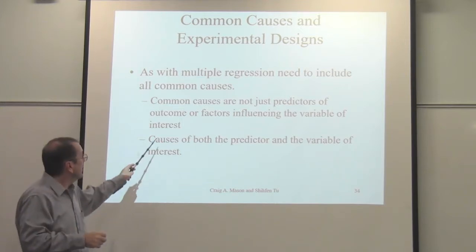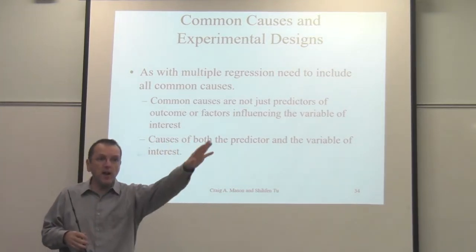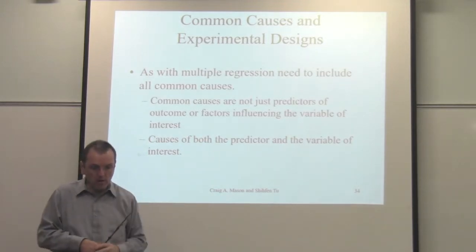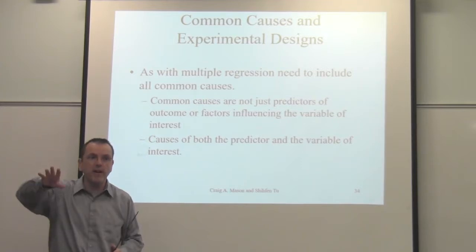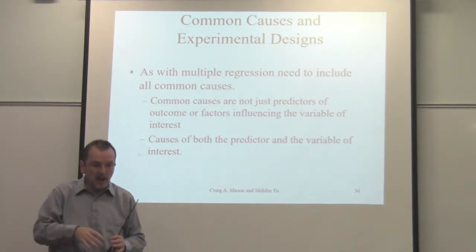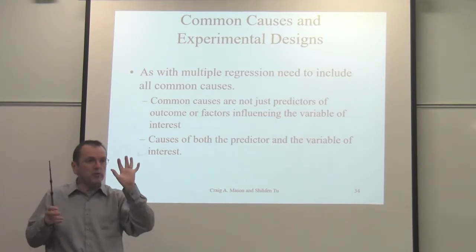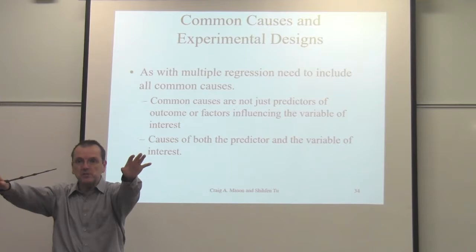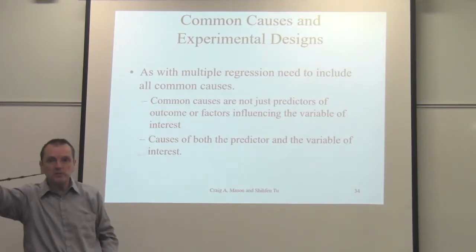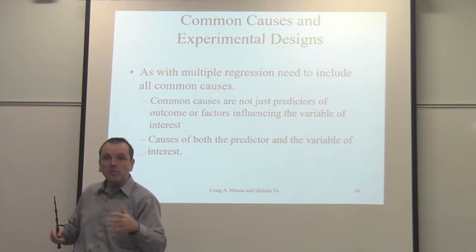One is that common causes are not just predictors of the outcome, or factors influencing your variable of interest. Common causes influence both the outcome and the variable of interest. If something's only influencing one or the other, it's not a common cause.